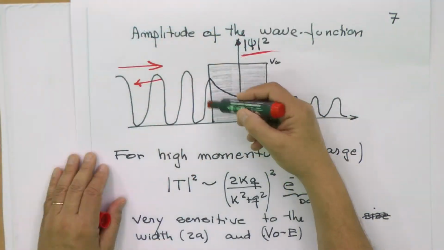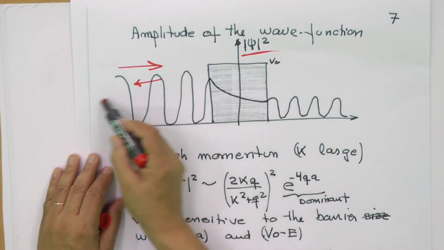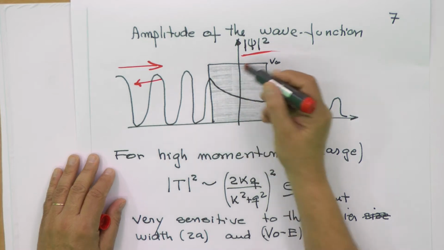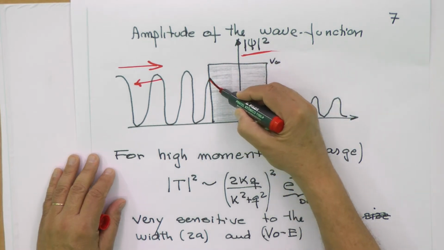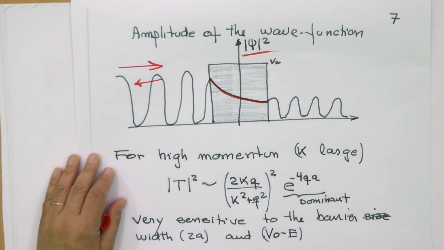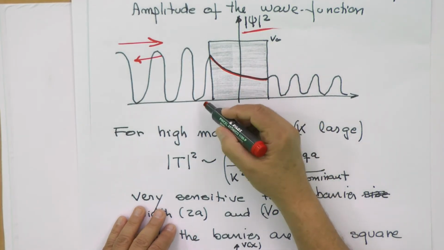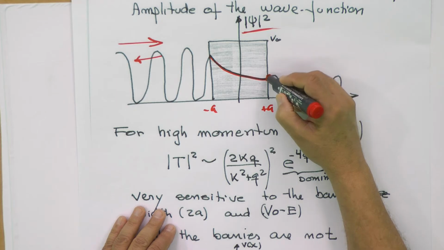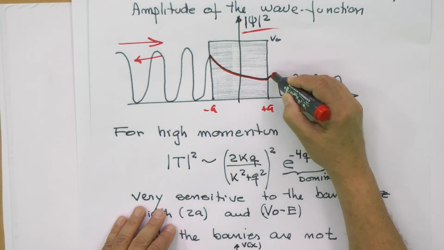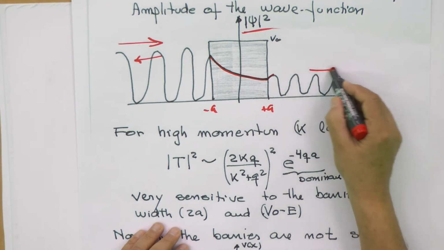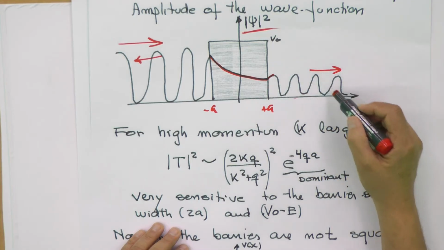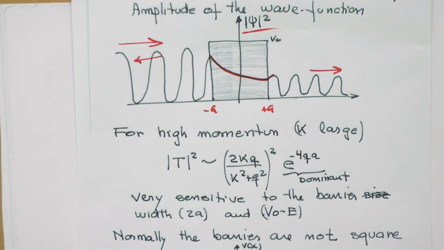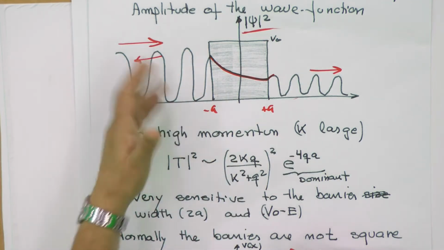Here you have this oscillatory density that basically is the particle spread in this space. But in the barrier, there is this exponential decay. The particle will decay from minus a to plus a until it reaches the other part, and then continues with a transmission. Of course, the amplitude is smaller than the incident, and the reflected is combined here with the incident.